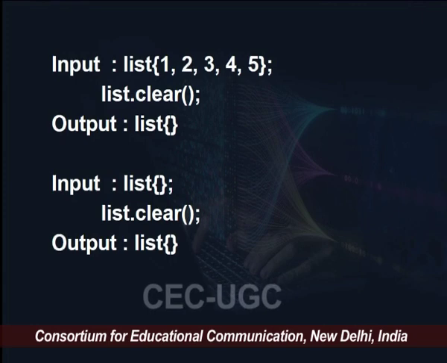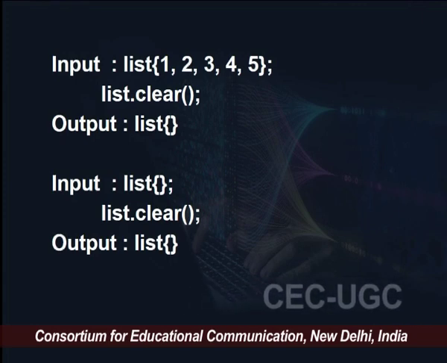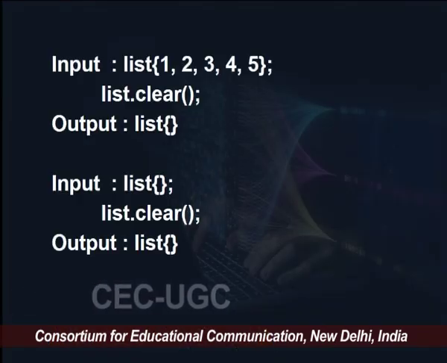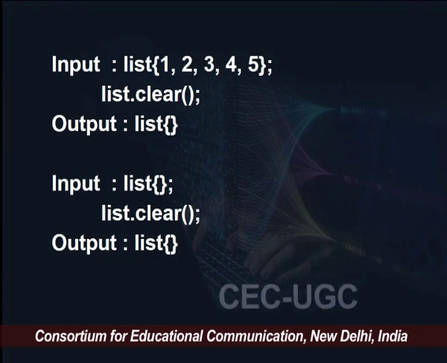This was the clear function, and in order to see it in a program, let us look at a quick code snippet in which, within the main function, we have declared my list of 5 members: 1, 2, 3, 4, 5. With this constructor we have passed the values for initialization.